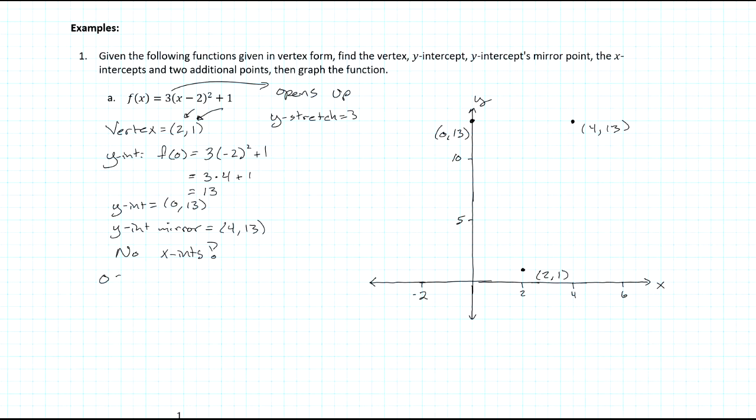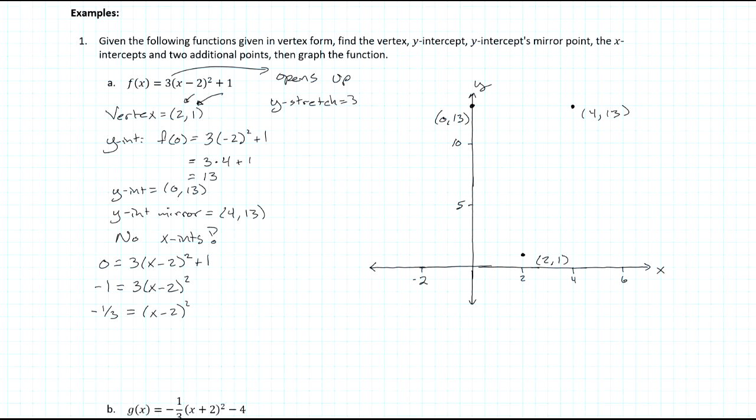If I set 0 equals 3 times x minus 2 squared plus 1, and subtract the 1 and then divide by 3, well, let's do this in steps. Negative 1 equals 3 times x minus 2 squared. Then we would divide the 3 over to get negative 1/3 equals x minus 2 squared.